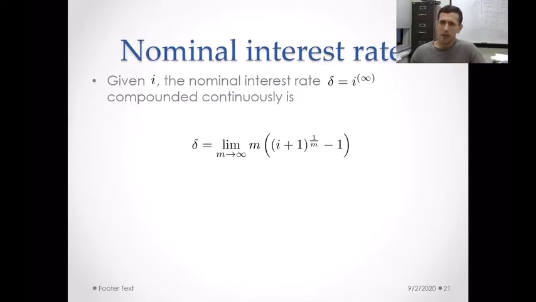I encourage you, if you're a math major or an actuary major, to try the L'Hopital's rule calculation. This is of the form infinity times 0. If you correctly do this L'Hopital's rule problem, you'll get that this is the natural log of i plus 1.